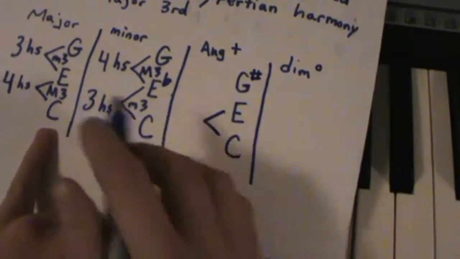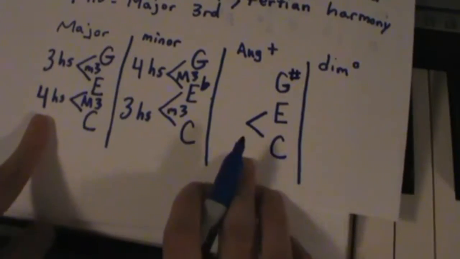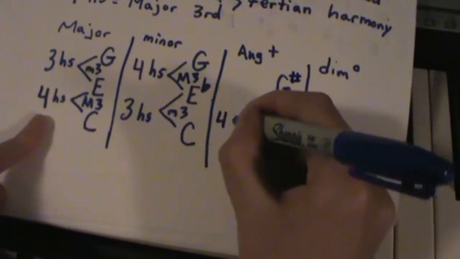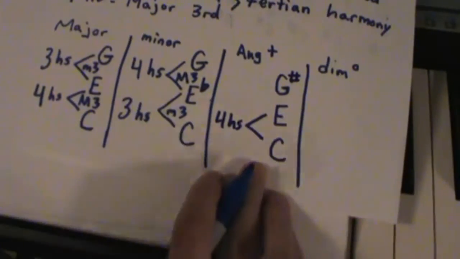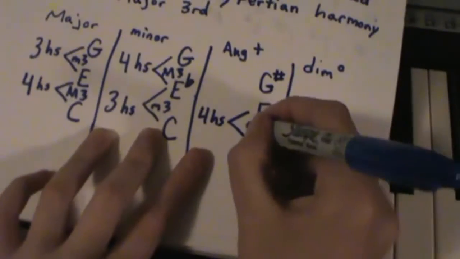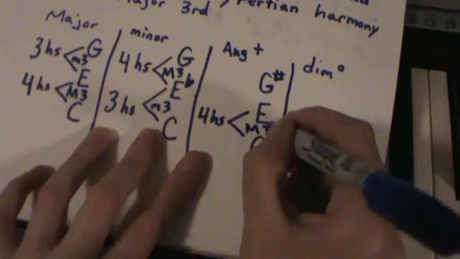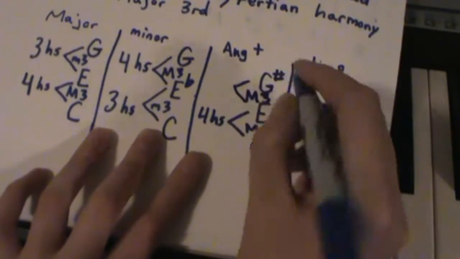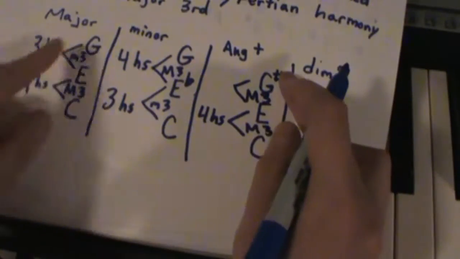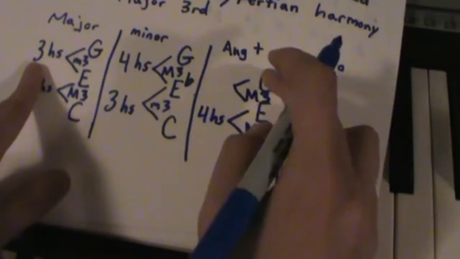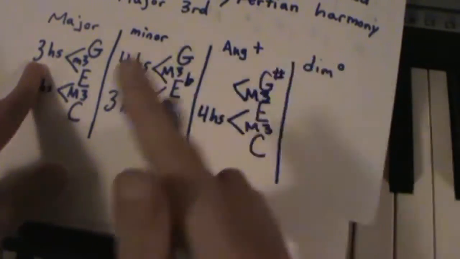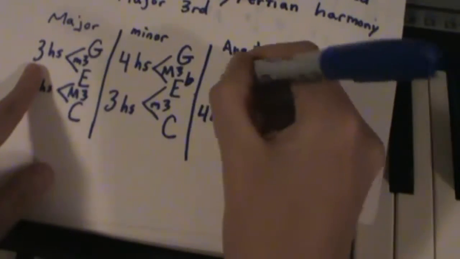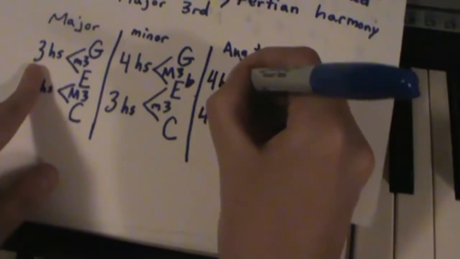So this stays the same if you compare it to a major triad. So it's still a major third on the bottom, and then you've got a major third on the top. Because now E to G sharp, instead of it being 3 half steps, you raise this a half step. So it's also 4 half steps.